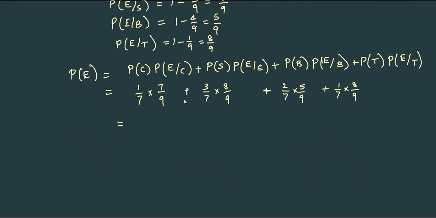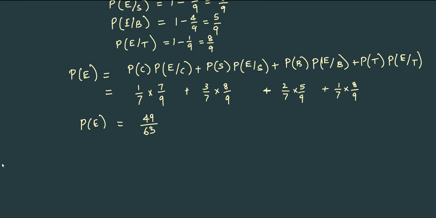So we get 7 plus 8 times 3 is 24 plus 10 plus 8. So 24 plus 8, 32. 32 plus 10, 42. 42 plus 7 is 49. 49 upon 63, or divide by 7, we get 7 by 9.